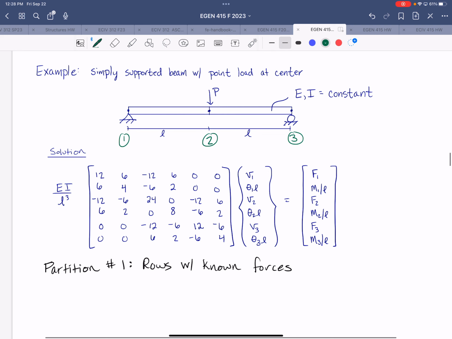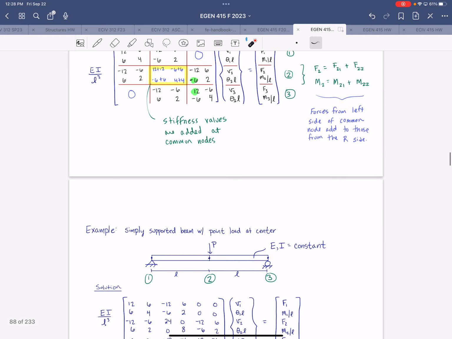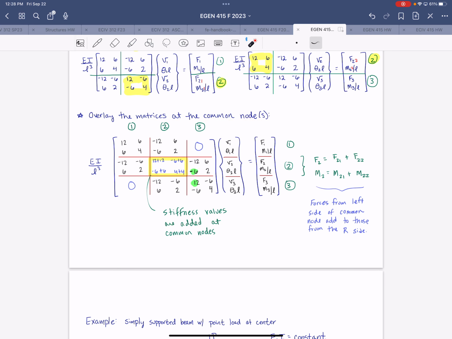And again, I like to label the matrix equation. And notice that I started with that general overlaid equation, all right? So this right here, I'm going to add a note here. This can be your starting point for any two-element beam, with the caveat that EI and L should all be the same, or at least this ratio of EI over L cubed should all be the same.